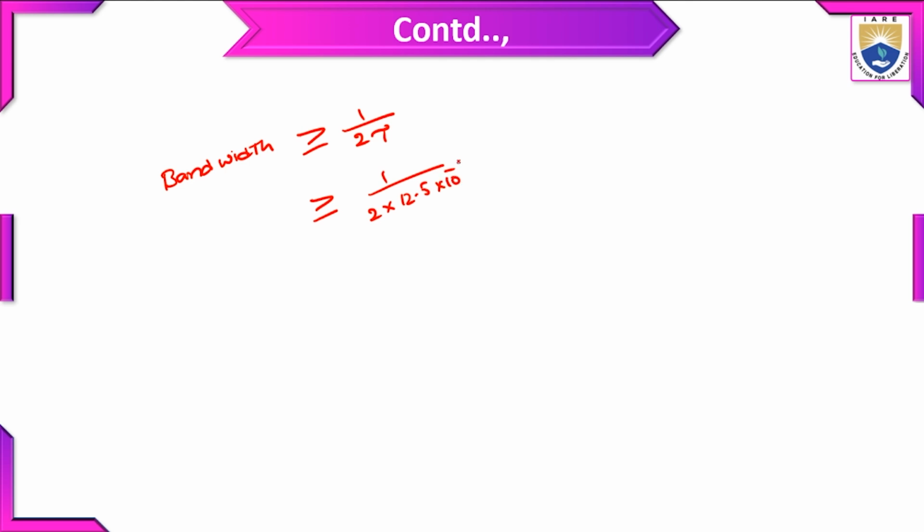Micro means 10 power minus 6, so simply send this 10 power minus 6 to the numerator. It becomes 10 power 6 divided by 2 into 12.5, which is 25. So my bandwidth is 40 kilohertz. Okay. So this is the way to solve the problem for bandwidth.